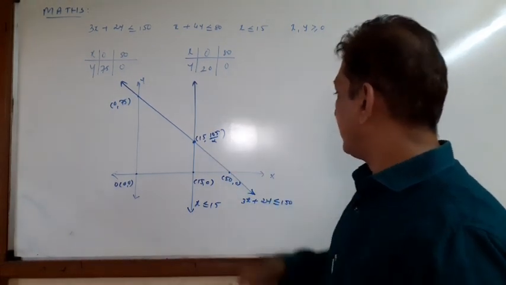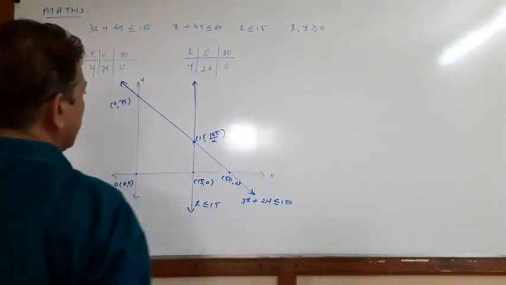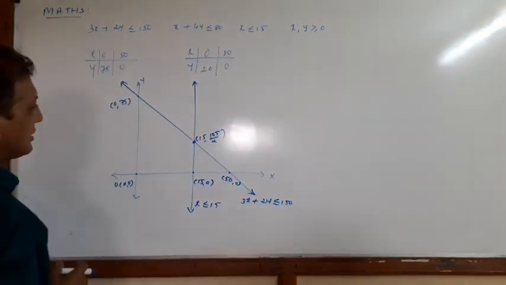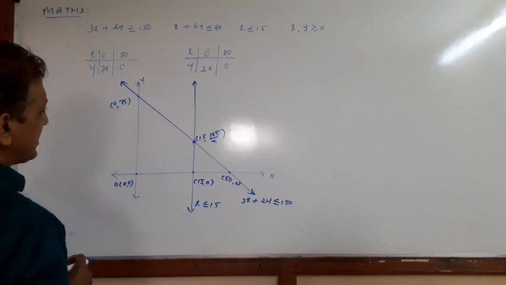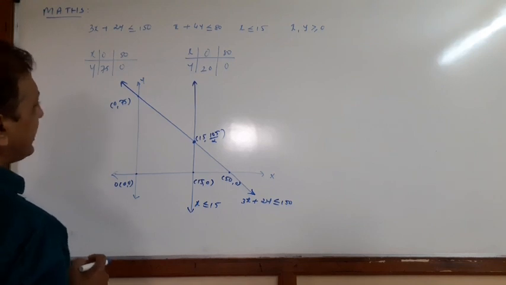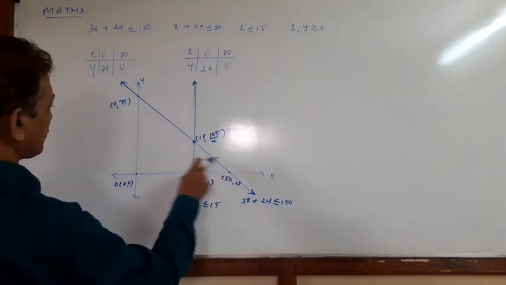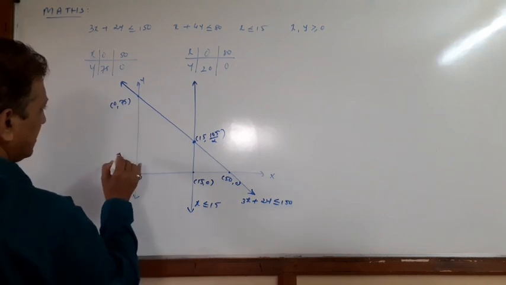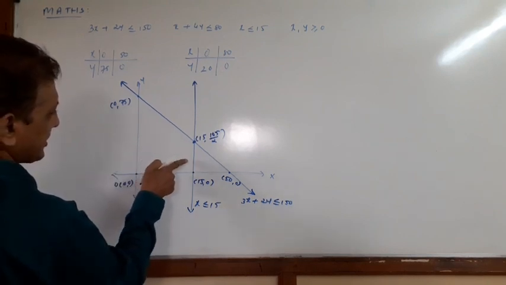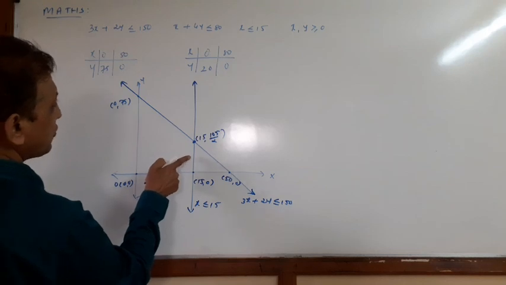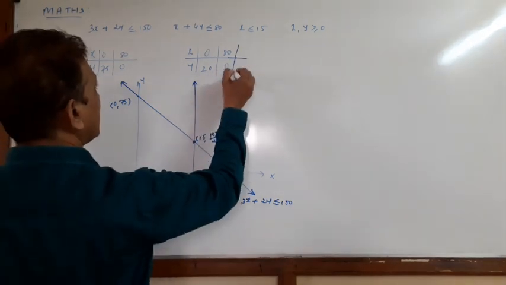Now draw this one. 80, 0 and 0, 20. 80, 0 is here, and 0, 20 is here. So here the intersection. First we put x equal to 15 here.